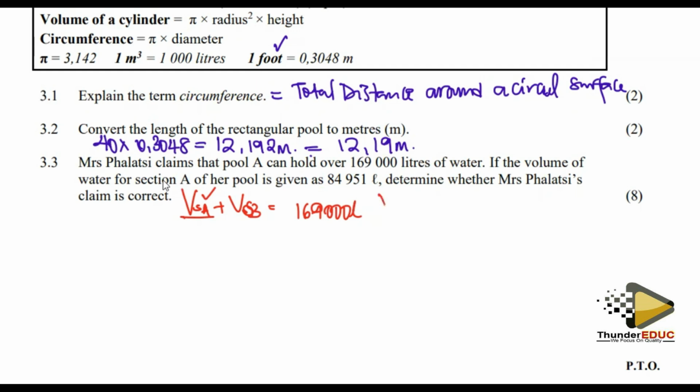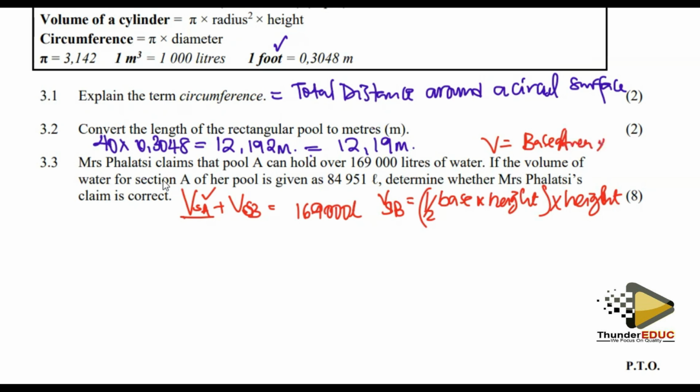So we are looking for the volume of section B, which will be the triangle part, because the reason why I'm using half base times height, again times another height, is that volume equals base area times what?